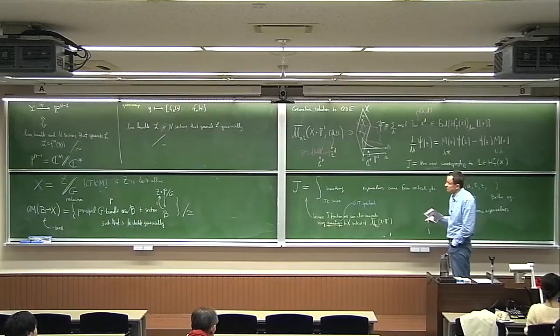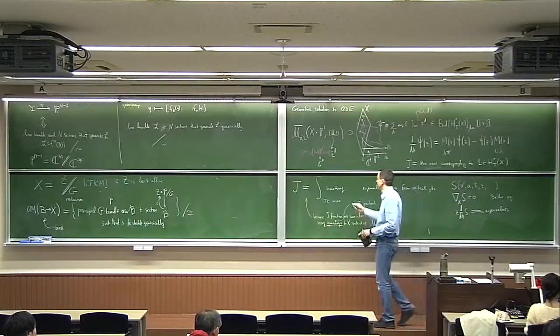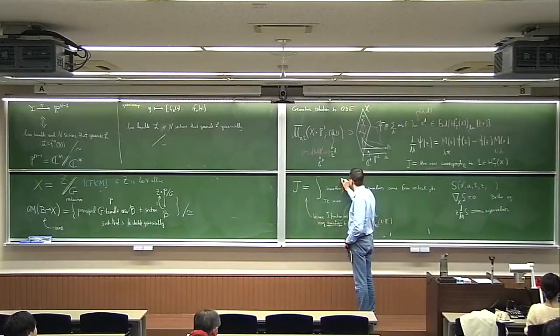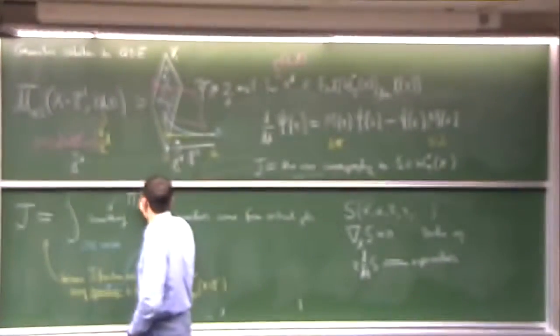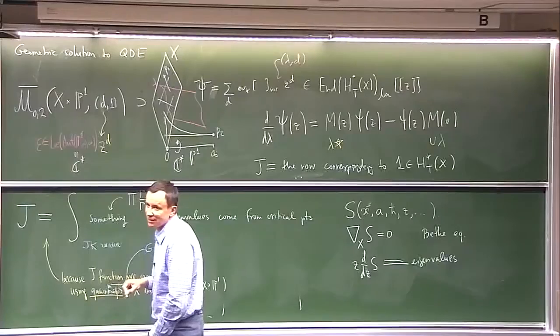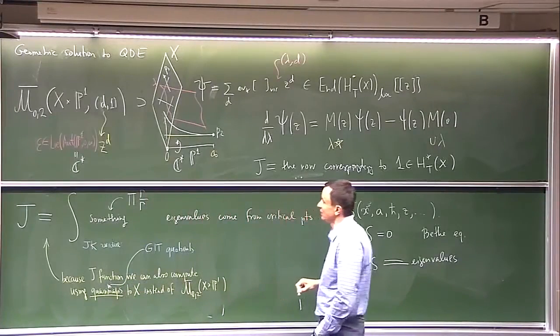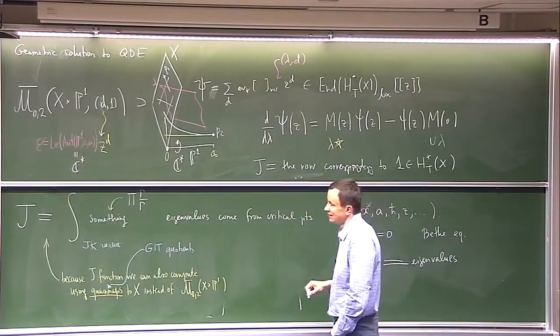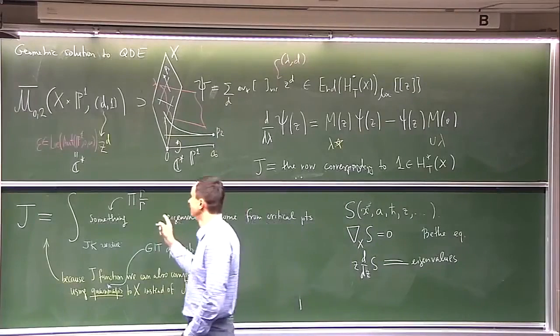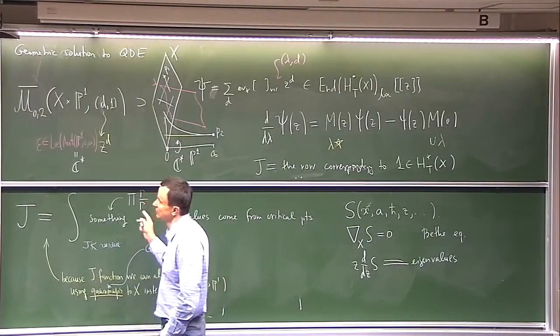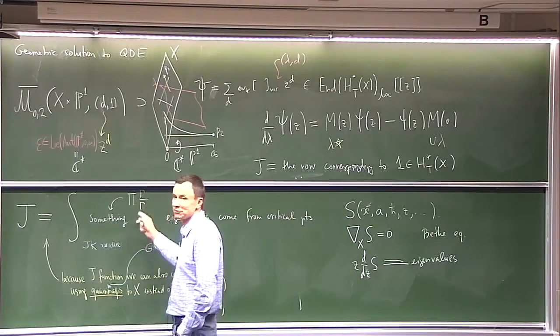Because here, what you get is a product of a whole bunch of gamma functions over gamma functions.